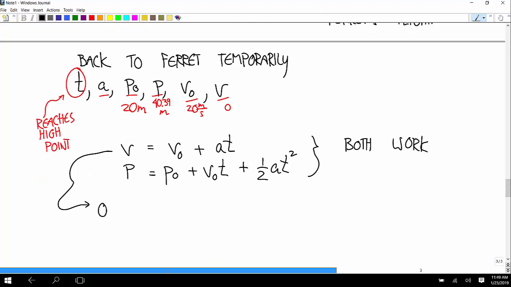So the final velocity 0 is equal to 20 plus negative 9.81 t. And so t is equal to 20 divided by 9.81. What do you get for that? 2.02 seconds.